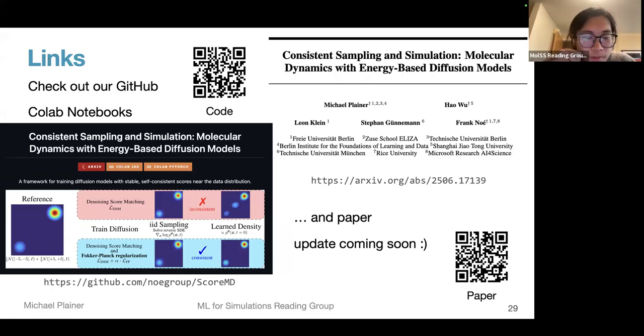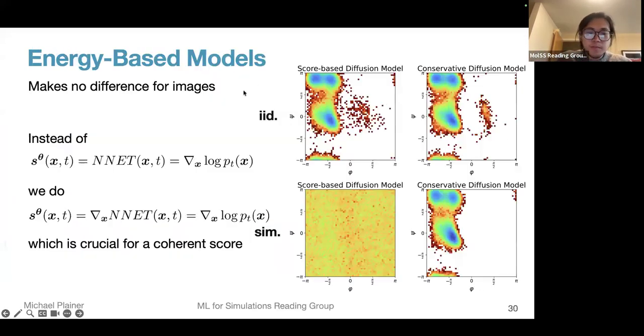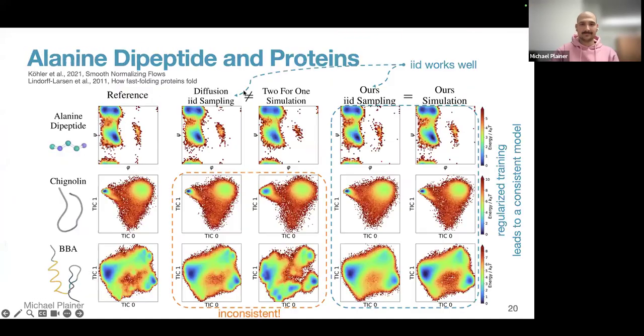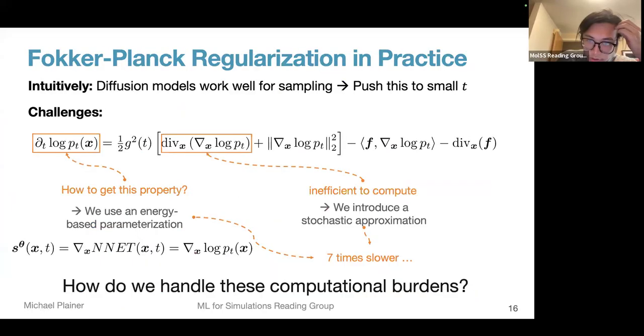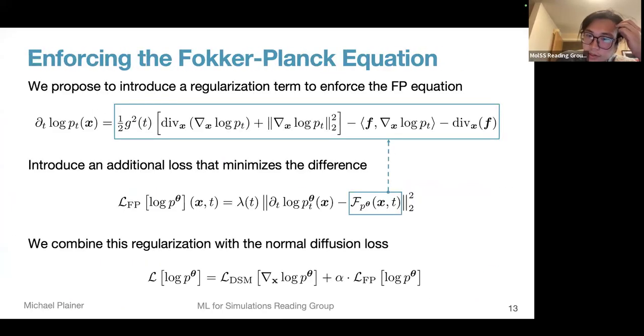Can we go back to the Fokker-Planck equation? My understanding is that the regularization is based on the Fokker-Planck equation, which describes the log density change. However, the parameterized log density network, or energy network, is not actually normalized.